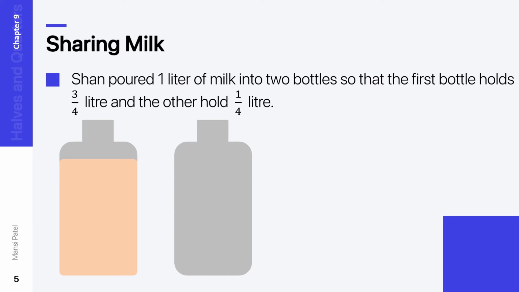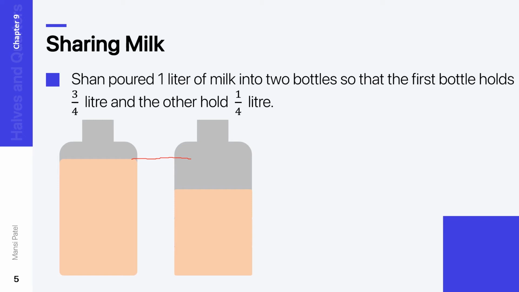It means what? Previously we studied that the 1000 milliliter divides into four different parts. Out of these four parts, three parts are in one bottle. See here, first part, second part and third part. Now, the remaining milk, see here, the total quantity of milk is this much.